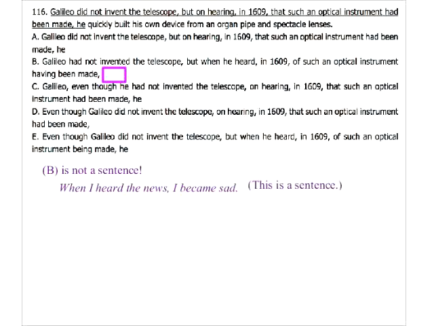Whereas B is like writing, when I heard the news, comma, became sad. I don't know what you would call this. It's some sort of sentence fragment, not a complete sentence type of thing. But it doesn't matter what you would call it. When you see something like B, you should definitely recognize, oh my gosh, that doesn't have a subject.